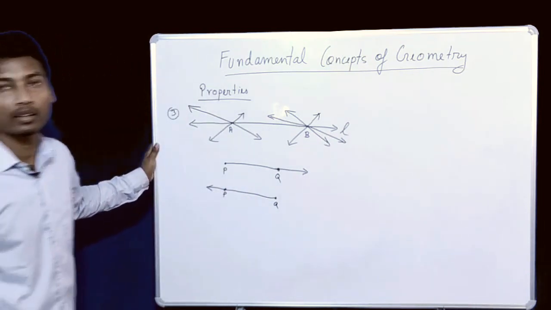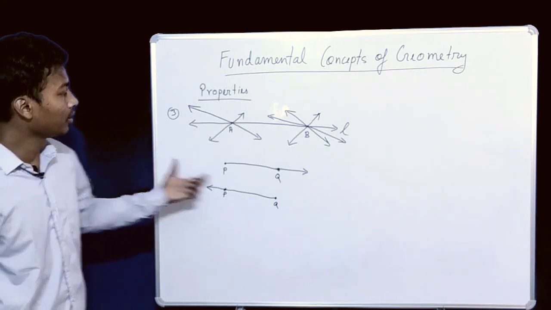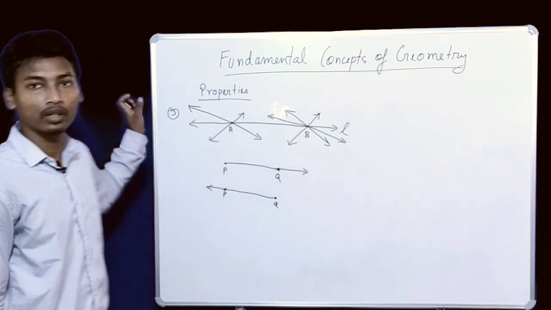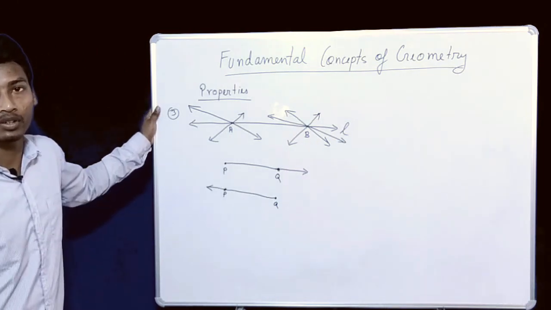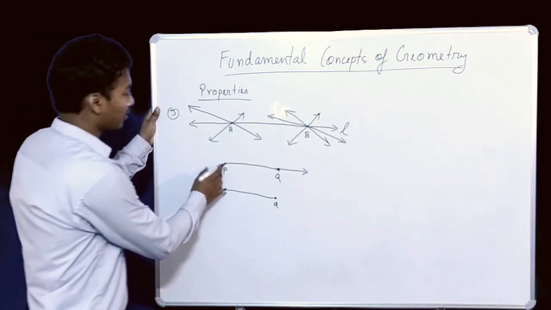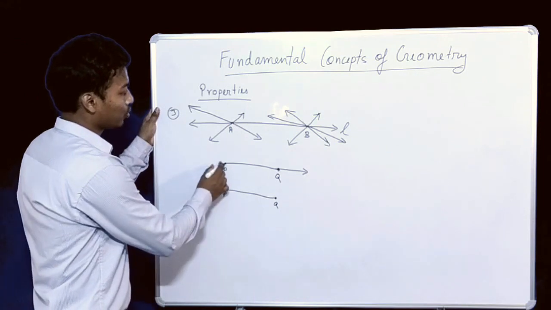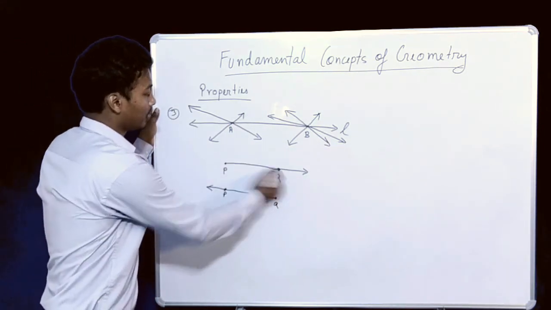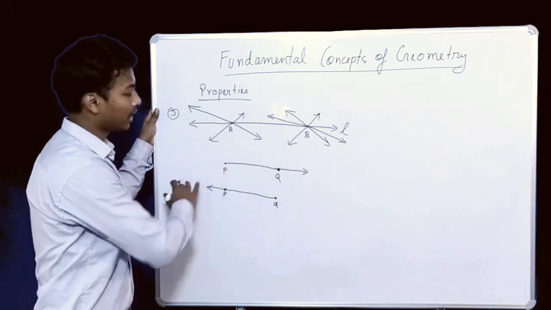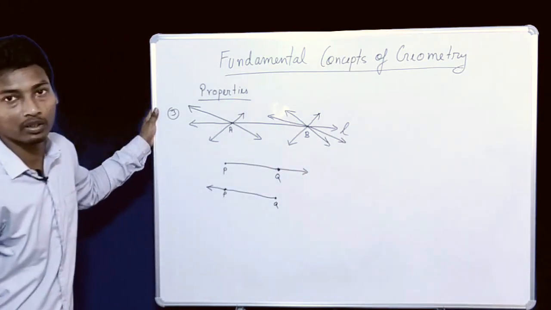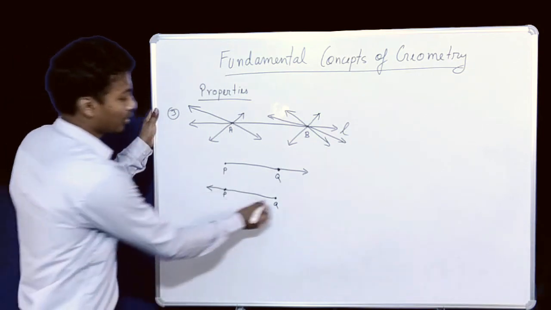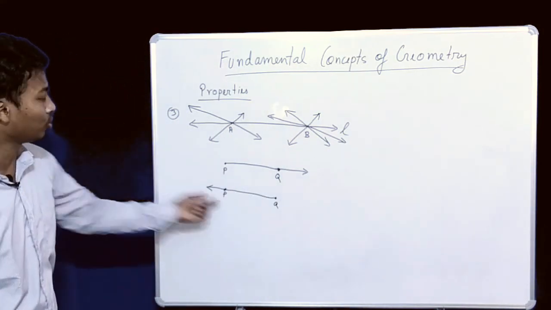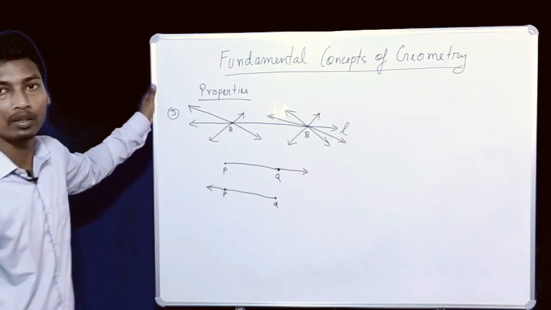So only one ray can be drawn passing through 2 points in one direction. If you start from P, there will be only one ray crossing through point Q. If you choose Q as the starting point, there will be only one ray that can cross through point P.